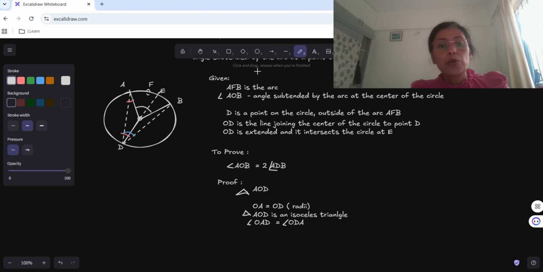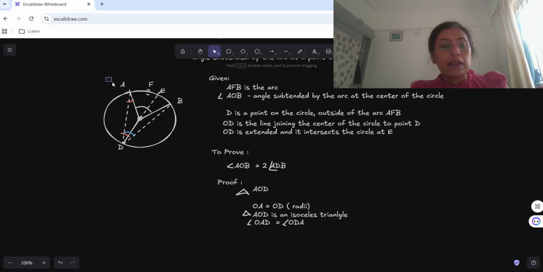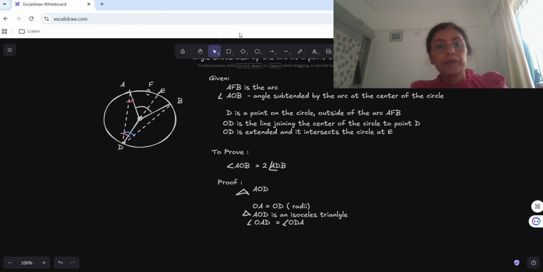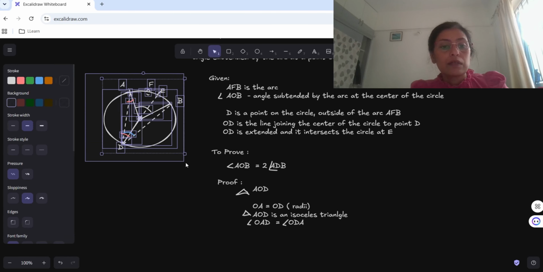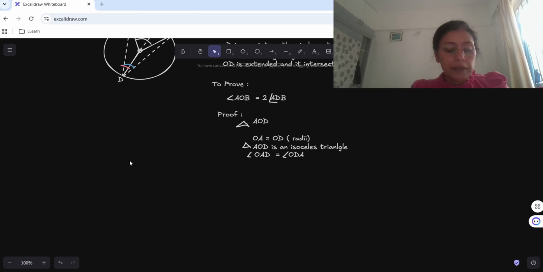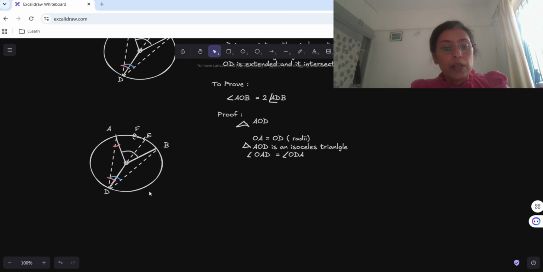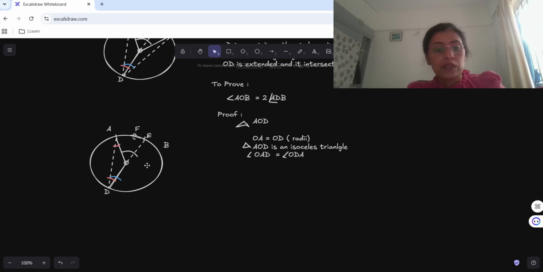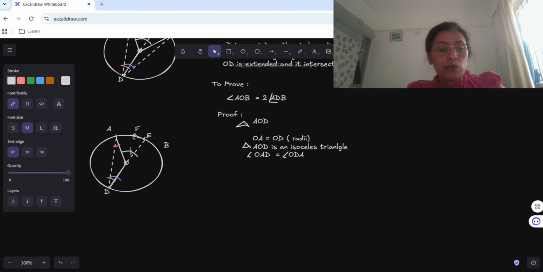So what I'll do is I'll just copy it and erase a few things so that we get more clarity. Copy this, paste it here. I'll just keep this portion for now. I'll remove these things. Okay, I'll even remove this.